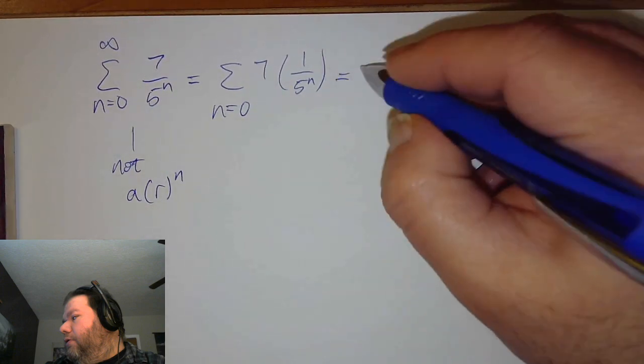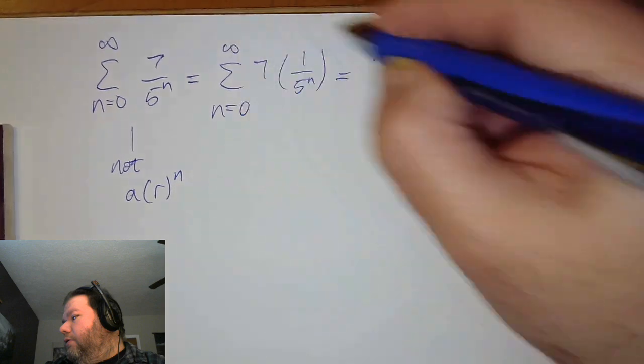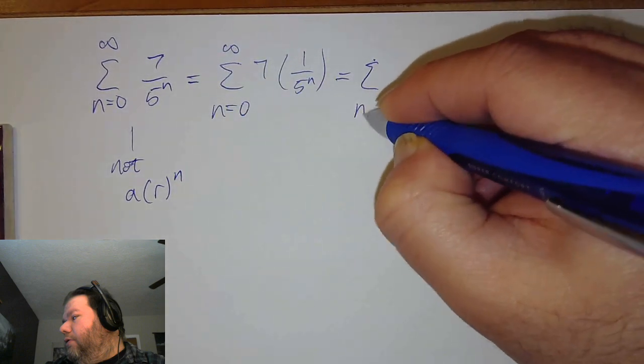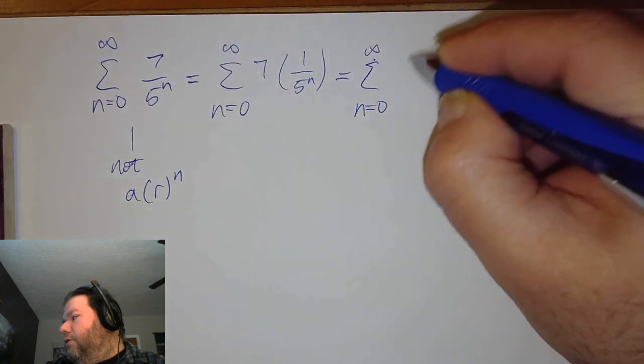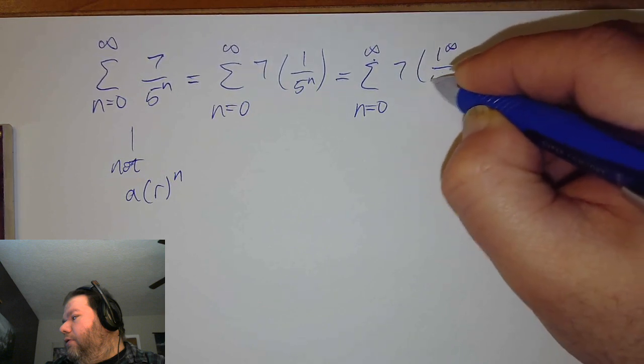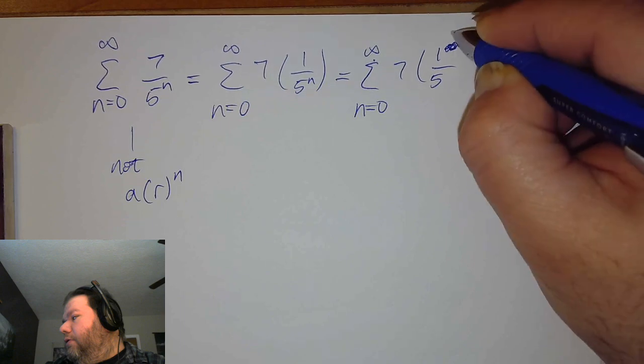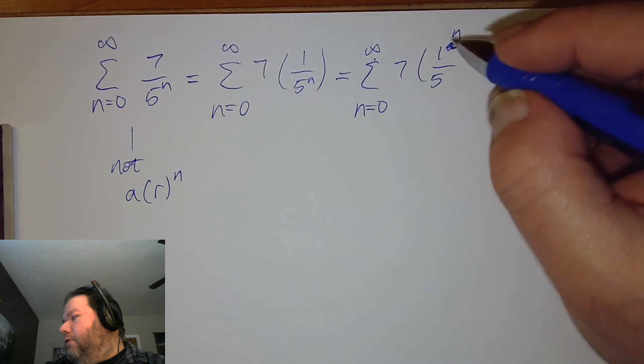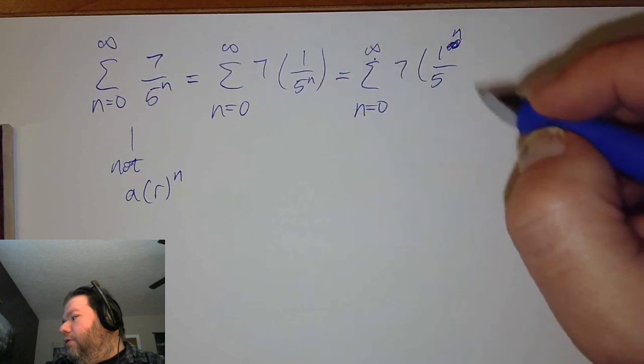And 1 can be written as 1 to the infinity power. Well, not infinity, that's indeterminate as we said, but 1 to the n is still going to equal 1.